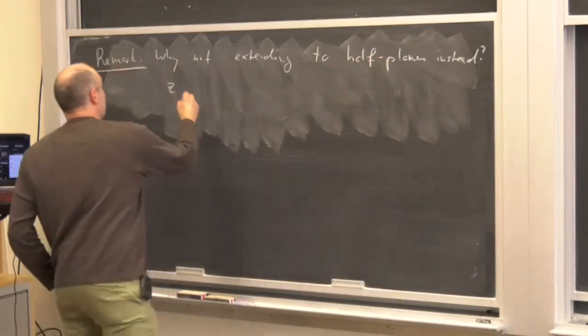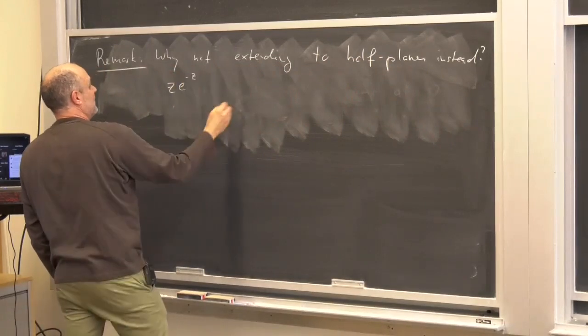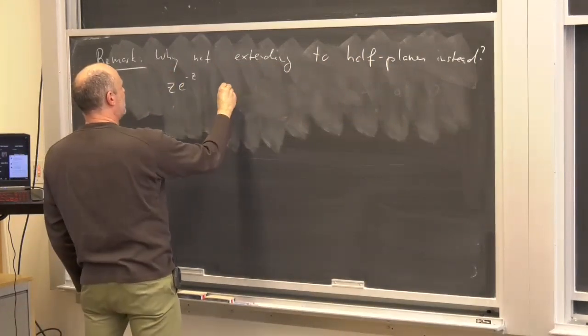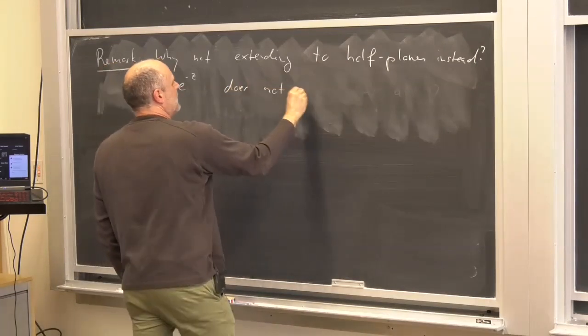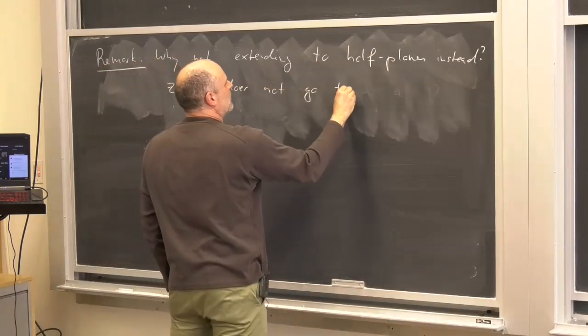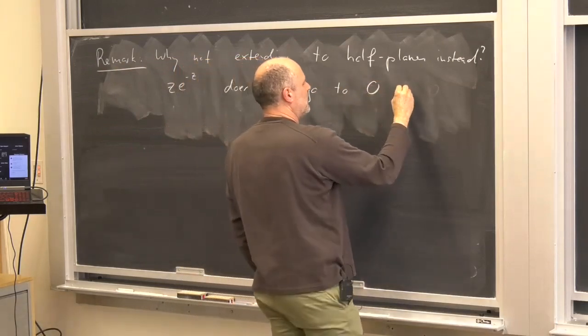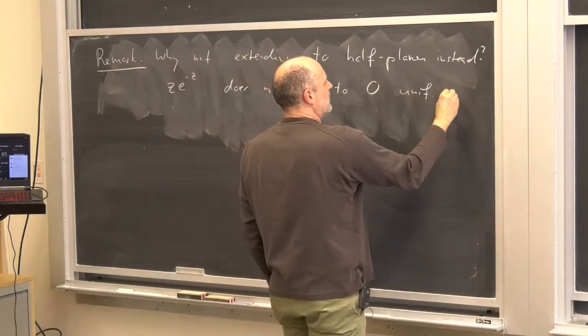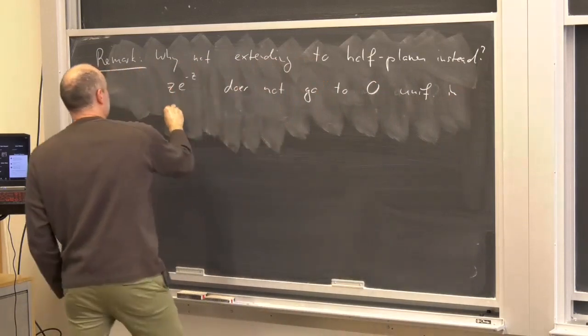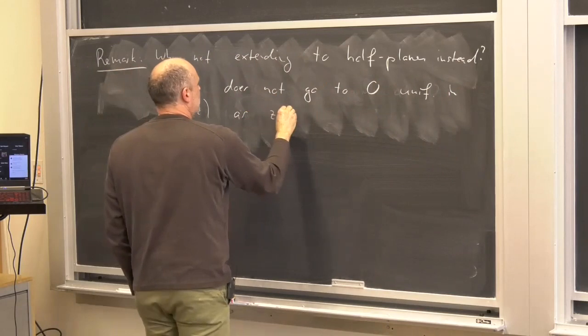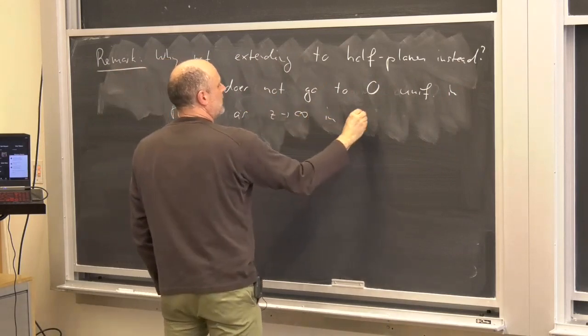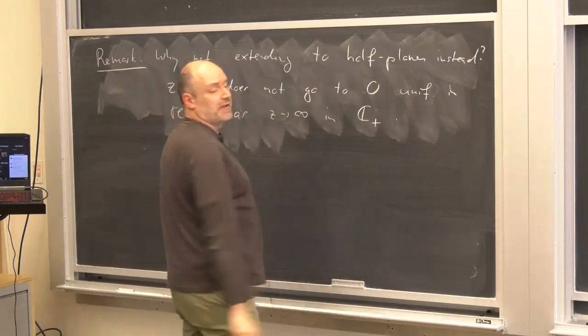But z times e to the minus z does not go to 0 uniformly in the real part of z as z goes to infinity in the right half plane.